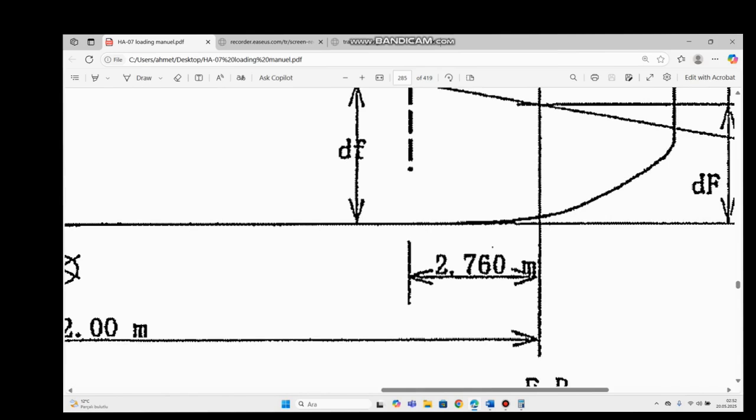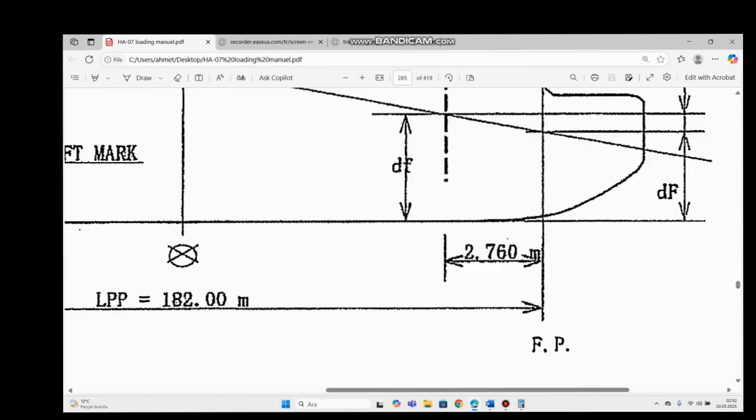when we make this correction, we must understand the mentality of this correction. The reason of this correction is normally fore draft mark must be at fore perpendicular, but in this vessel, fore draft mark is 2.76 meters off of fore perpendicular.